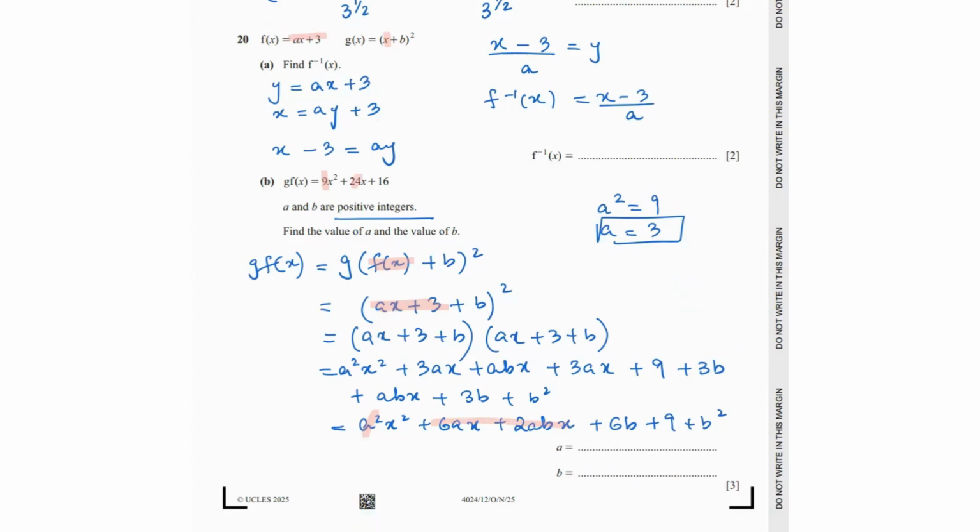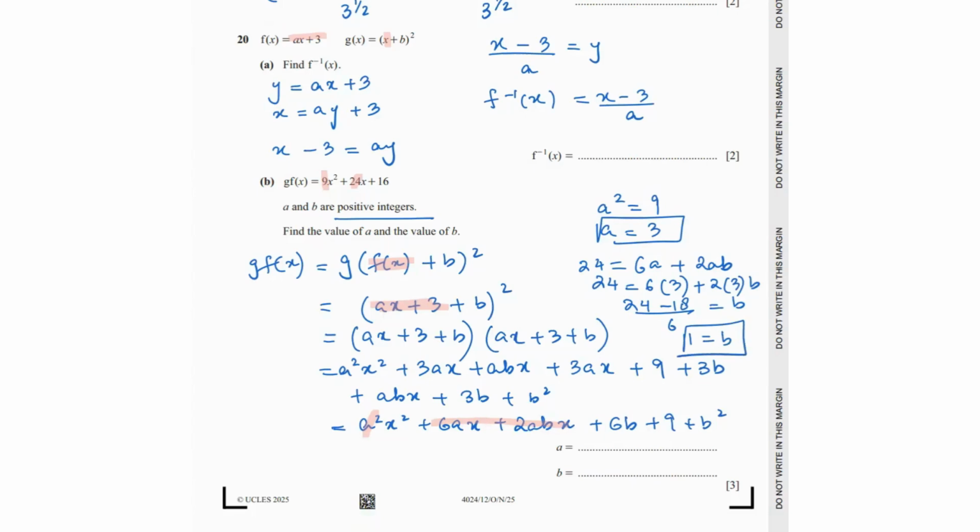So we can compare the coefficients of x. 24 equals to 6a plus 2ab. A is 3. So replace the a with 3. 24 minus 18 and then divided by 6. That's going to be 1. So a is 3 and b is 1.